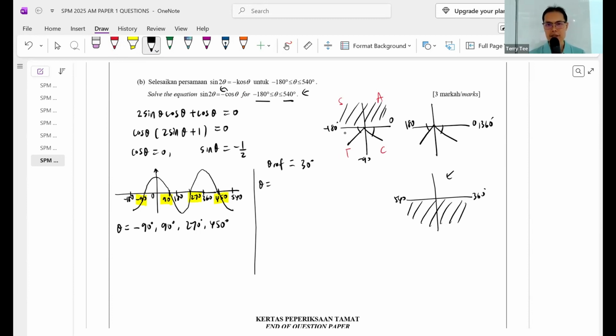So my first answer, if this is 30, we should take negative 180 plus 30. Second answer, negative 30. Next answer, 180 plus 30. Last answer, 360 minus 30. So you should get negative 150, negative 30, 210, 330. So all in all, you have how many answers? You have 8. Yeah, 8 answers.